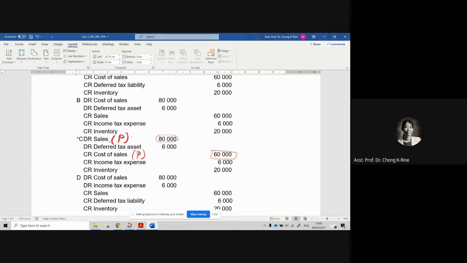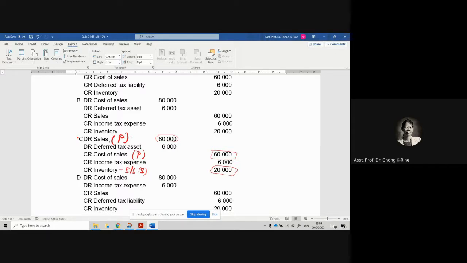Now imagine the subsidiary used $80,000 to buy the inventory. So the subsidiary will debit inventory 80,000 sitting in their balance sheet and credit maybe bank 80,000. But from the group perspective, it should be the original amount, which is 60,000, and therefore we want to eliminate or decrease 20,000. So you credit the inventory from the subsidiary balance sheet by 20,000.